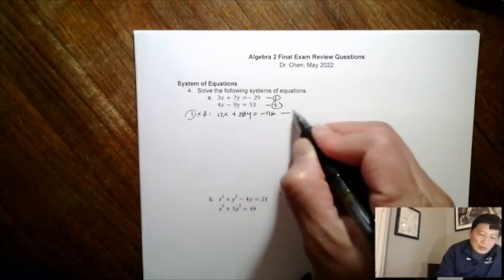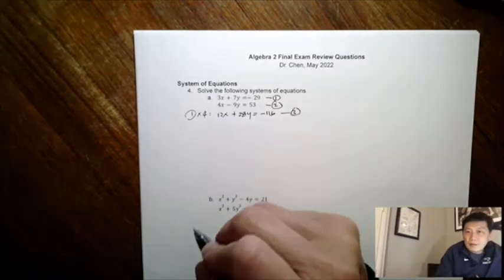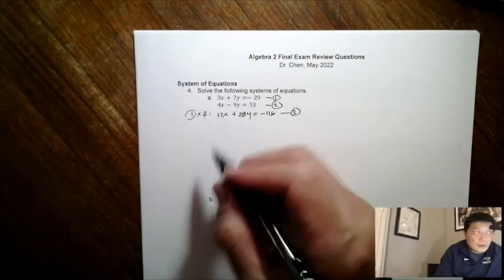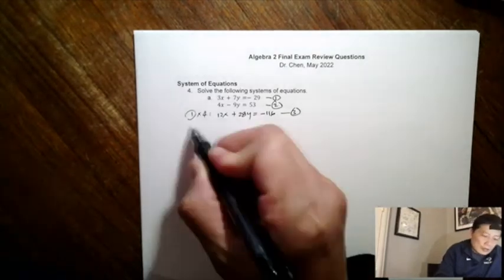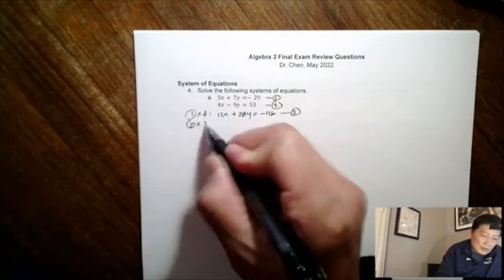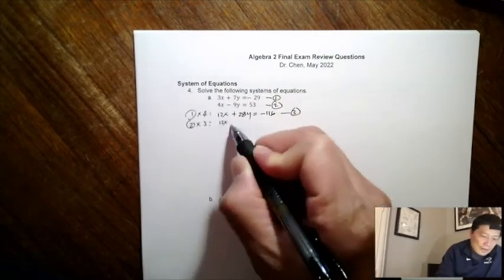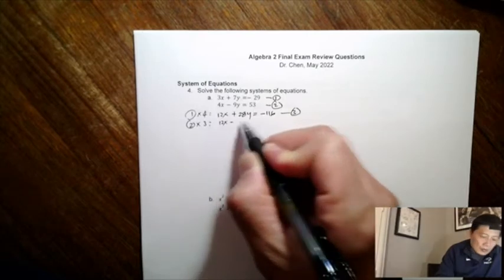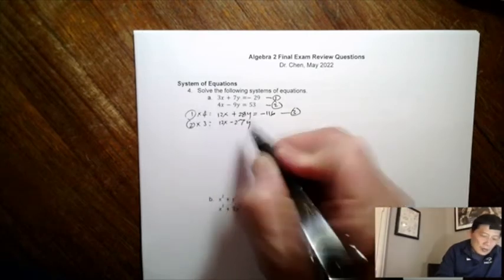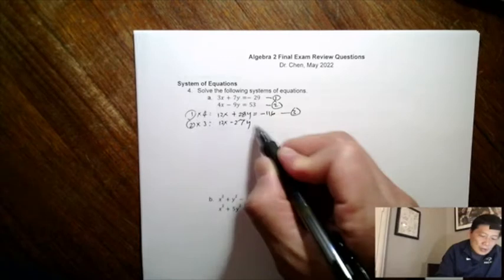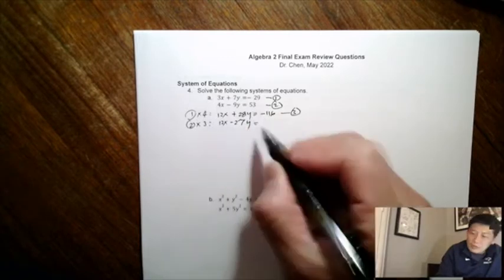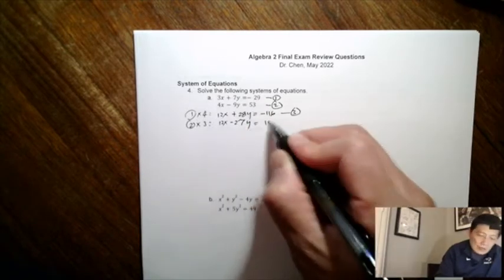I'll call that equation number 3. Then I'll take the second equation and multiply by 3. So I will end up with 12x minus 27y, -9 times 3, equals 53 times 3, and you end up with 159.